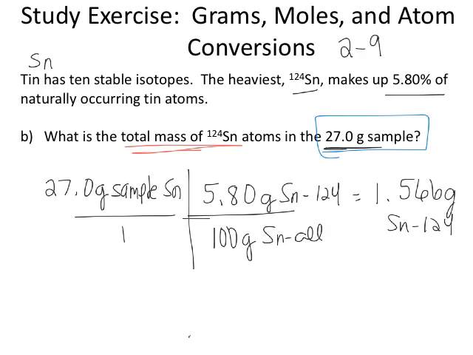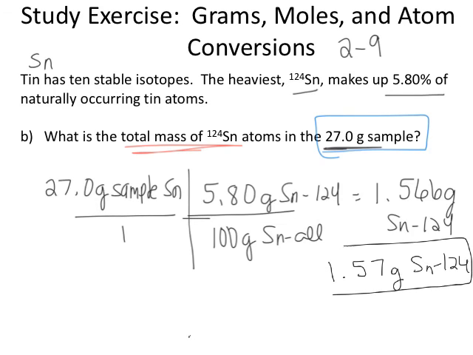And since you have 27.0, that's 3 significant figures, so we want to report this to 3 significant figures. That would be 1.57 grams of the tin 124 isotope. So out of 27 grams of sample, 1.57 grams actually belongs to the tin 124 isotope.